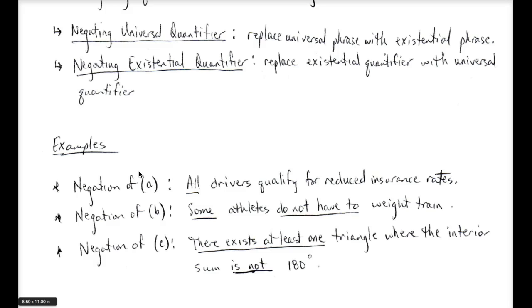And given a certain argument structure, we can determine whether the argument is valid or not by using Euler diagrams. Okay? And that will conclude the series on logic.